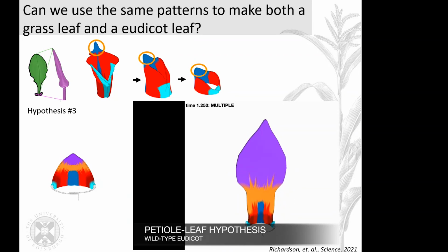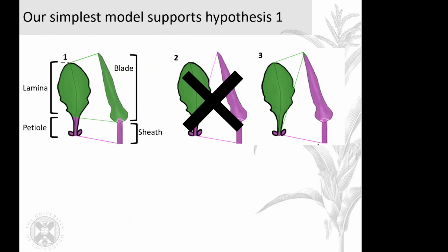So a lot of people said, well, you can make it any way you want. That's not really showing us anything. But what it does tell us is that the simplest model supports hypothesis 1 because we don't need to add or lose any elements when we develop the grass leaf. So evolution tends to not take the most complex route in theory.